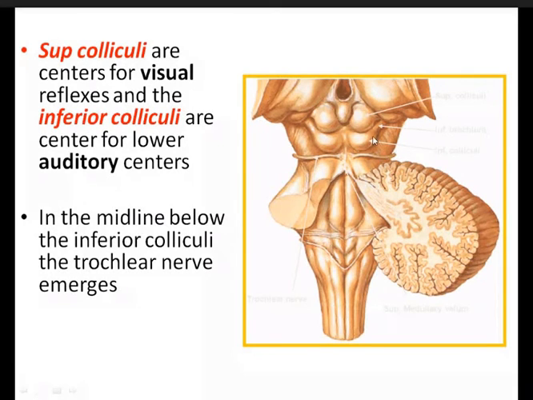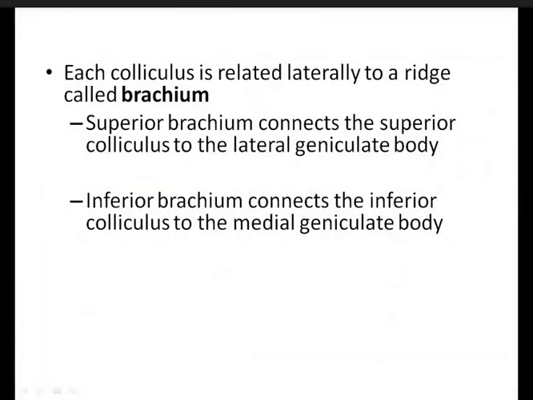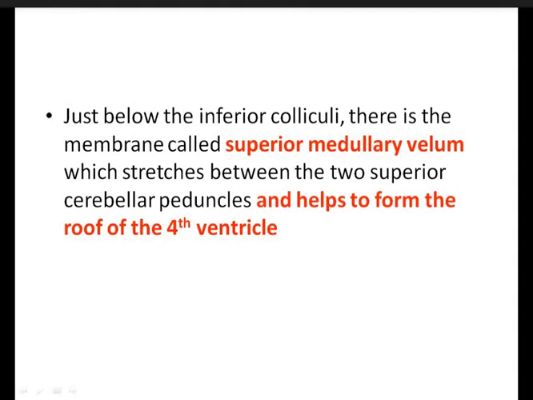Here we can appreciate on the lateral aspect of the colliculi, the bundle known as the brachium. The superior brachium connects the superior colliculus to the lateral geniculate body, and the inferior brachium connects the inferior colliculus to the medial geniculate body, responsible for the auditory reflex.